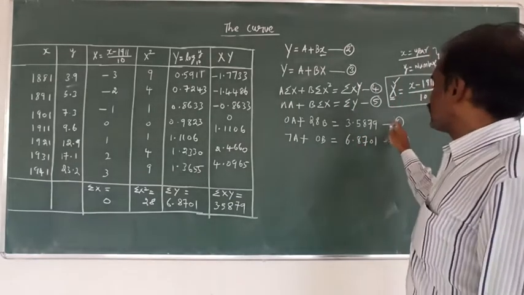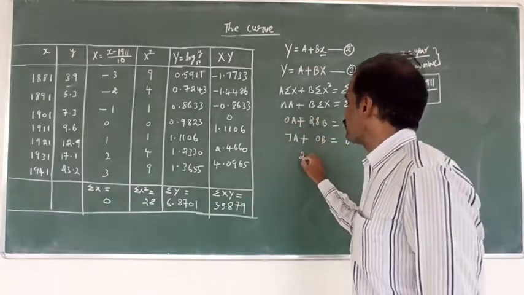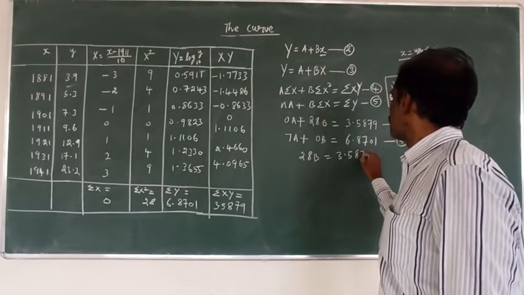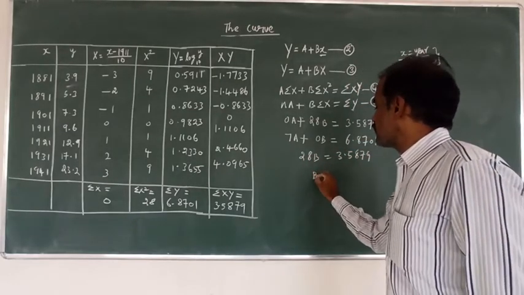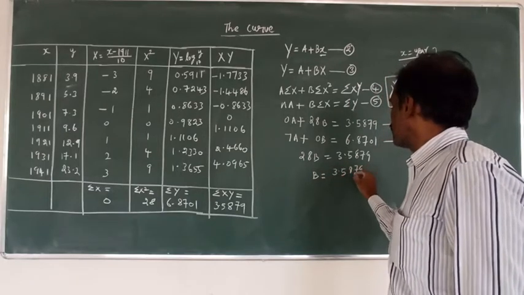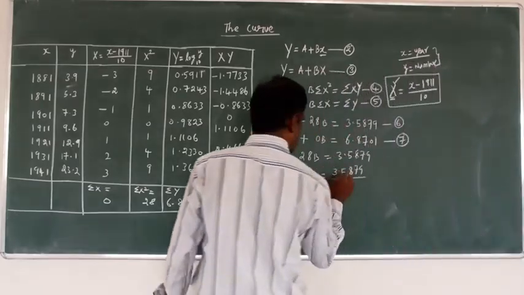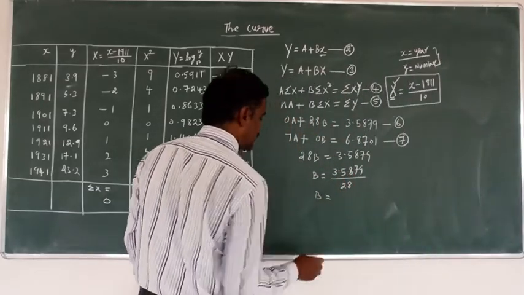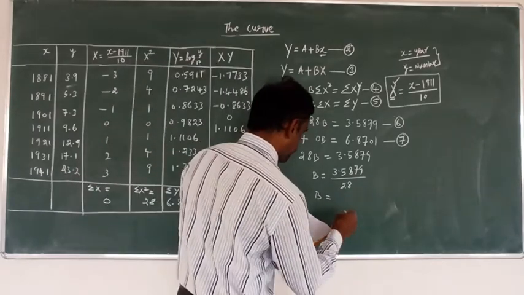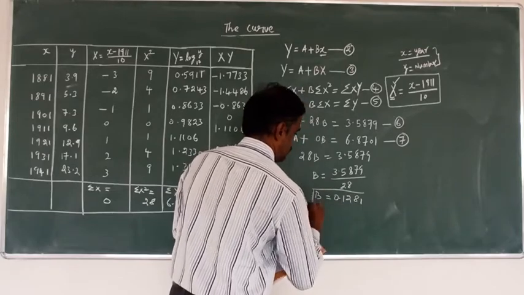Now equation 6 we can write, this is for 0, and the remaining terms 28b equal to 3.5879. Now capital B equal to 3.5879 divided by 28. Now divide these two, we can get the B value, capital B 0.1281.